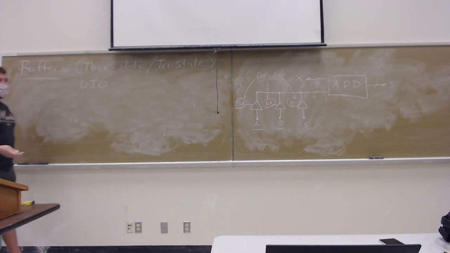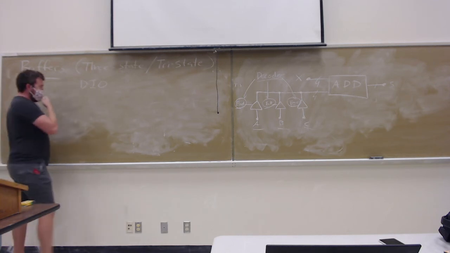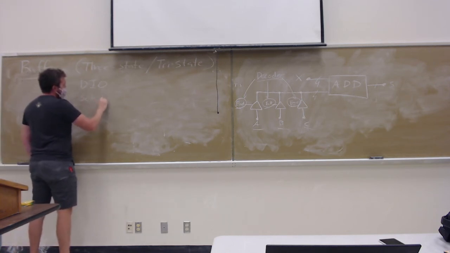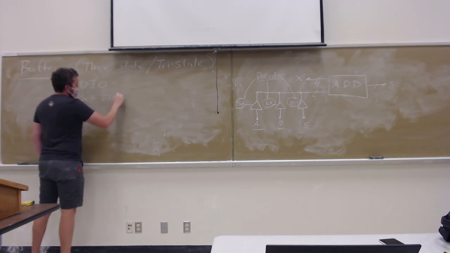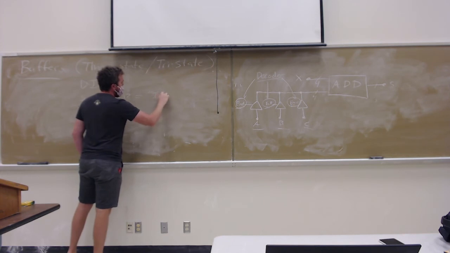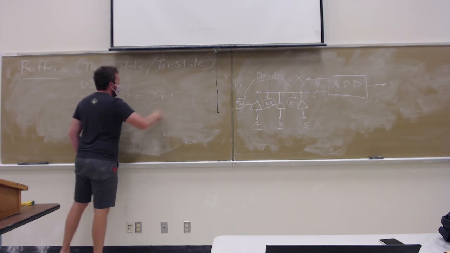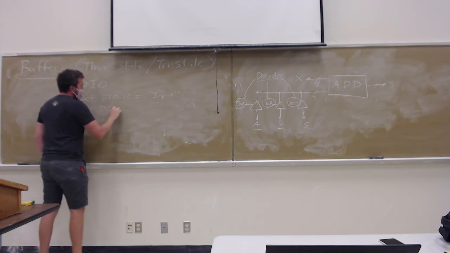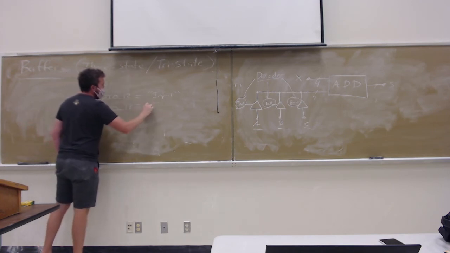In your Arduino code, you have to say ahead of time, this one's an input, this one's an output. So we might set DIO 12 equal to an input, and DIO 13 equal to an output.